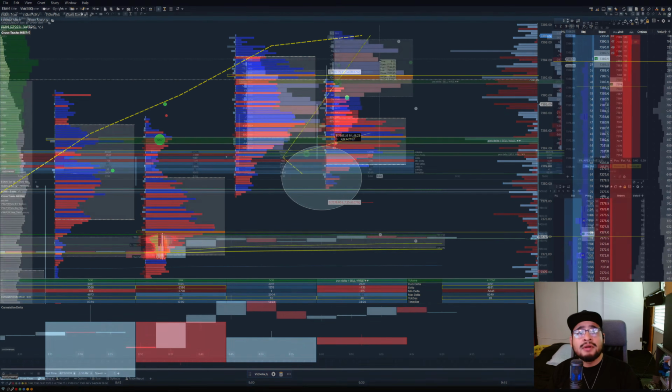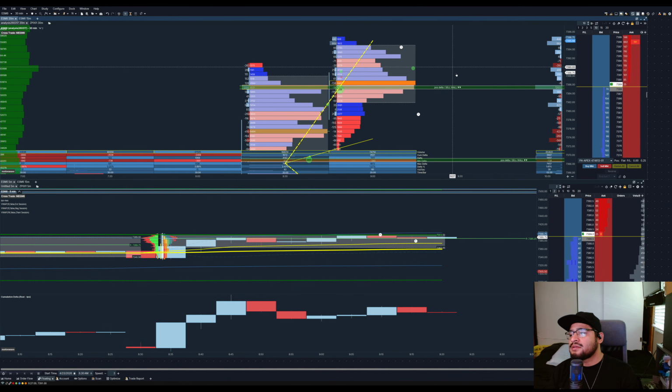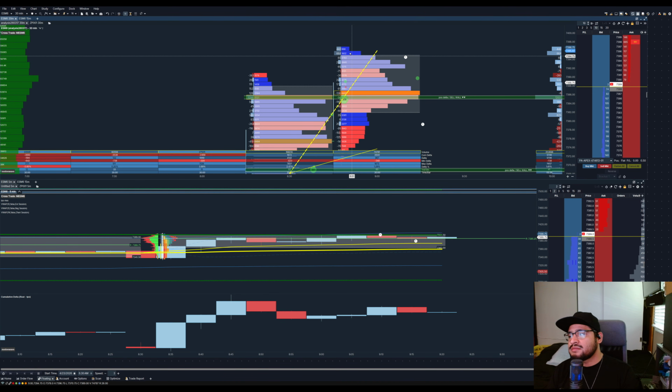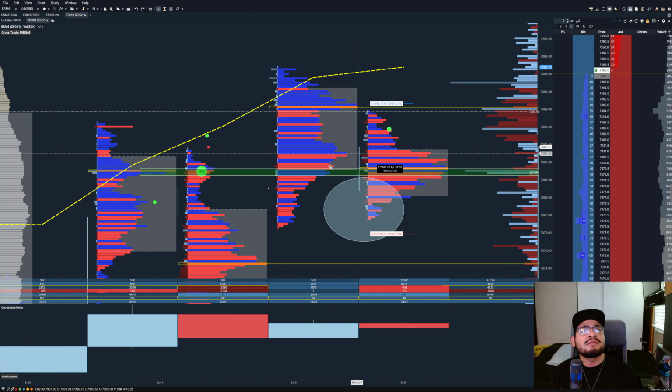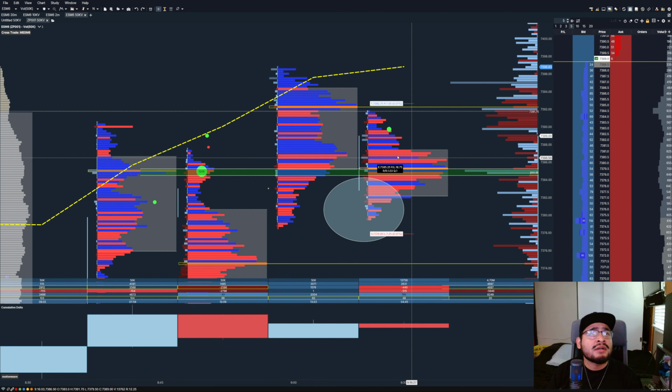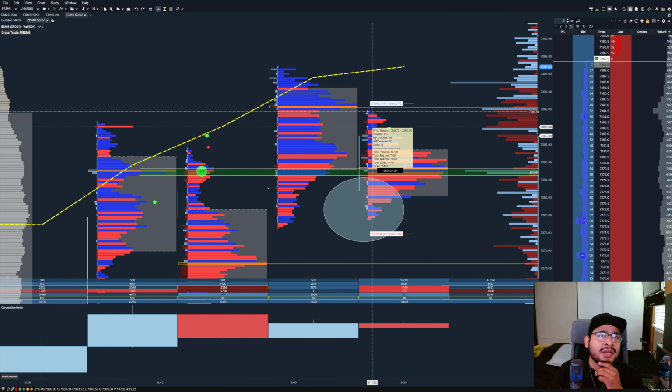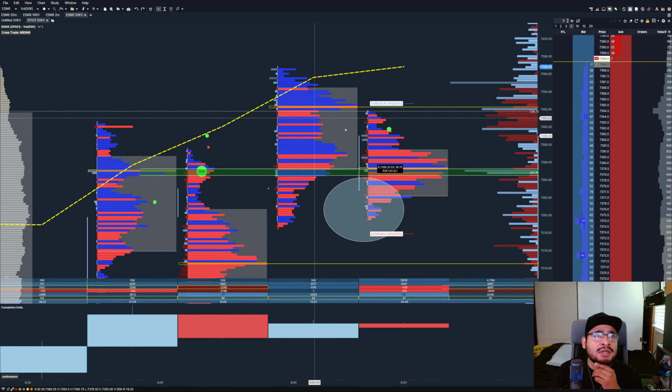Here hasn't really changed yet, which makes sense because there's 74,000 volume in this 30-minute candle. Right now we're okay. So the 30-minute candle includes these two 50K candles.